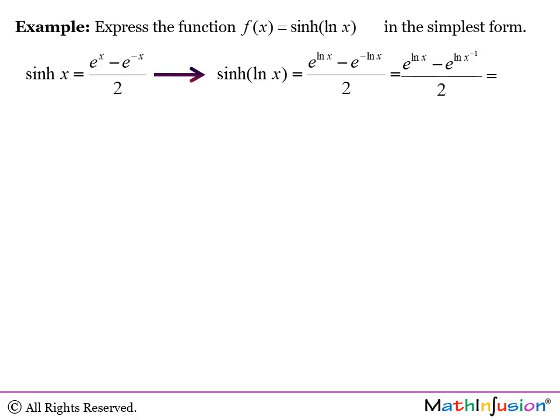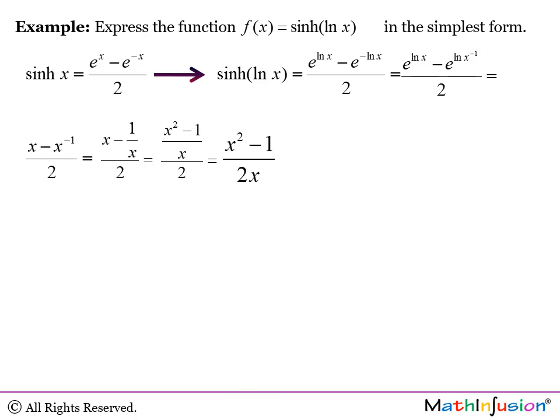We have to rewrite e to the negative ln x as e to the ln of x to the power of negative 1, because we would like to cancel the e to the ln. And we get x minus x to the power of negative 1, all of that over 2, which is this. Let's simplify more. Common denominator. And we get x to the power of 2 minus 1 over 2x.